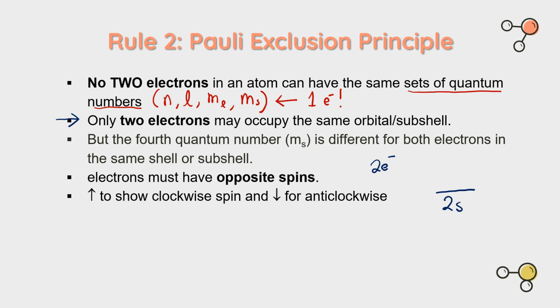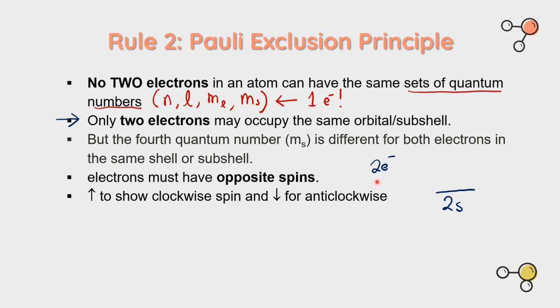So we can fill as much as two electrons in this orbital. And then according to ms, the fourth quantum number, the spin quantum number, the value of ms is different for both electrons in the same shell or subshell. Okay, how are they different? In terms of the opposite spin.